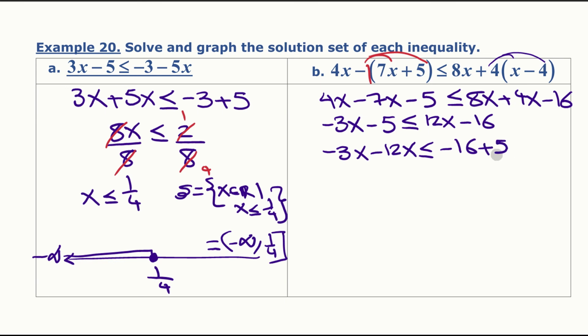Okay, so now we have negative 15x is less than or equal to negative 11. Now we're going to divide both sides by negative 15.